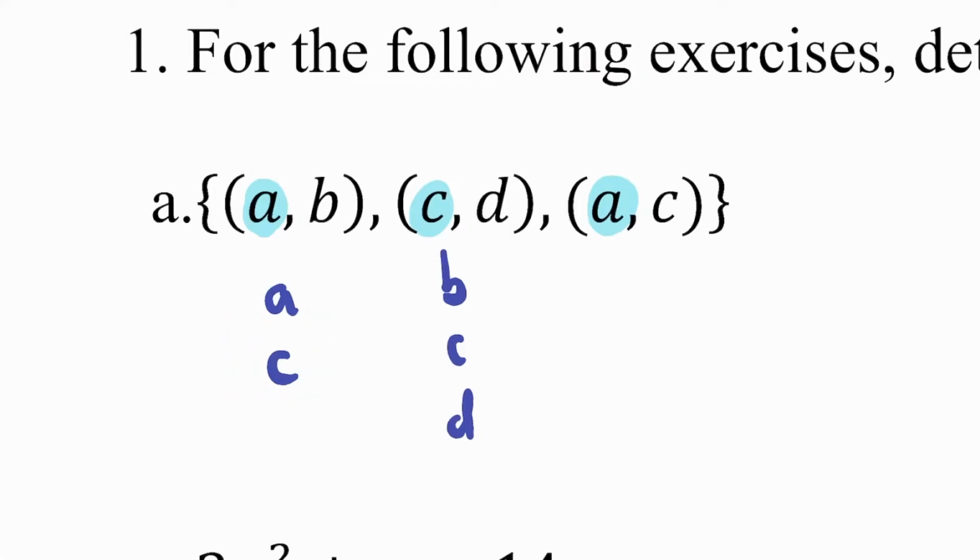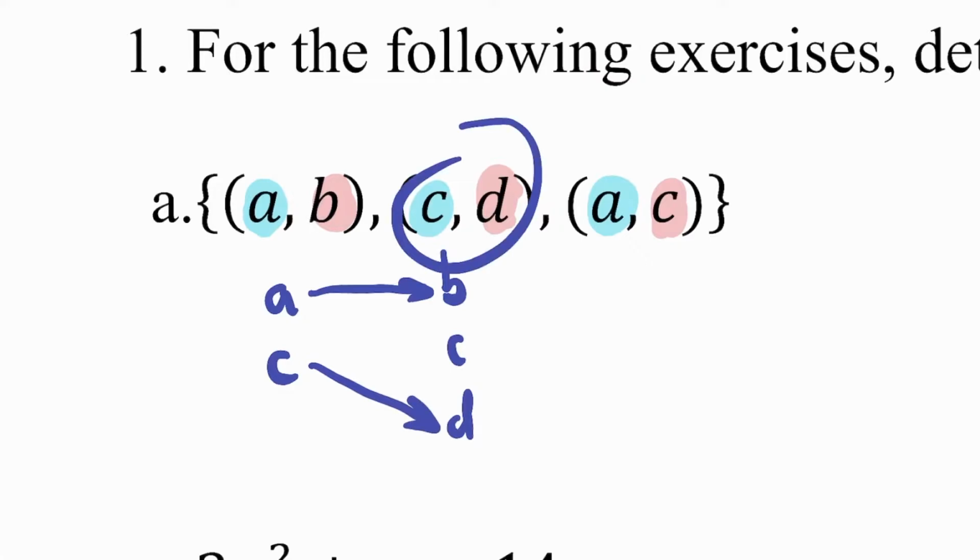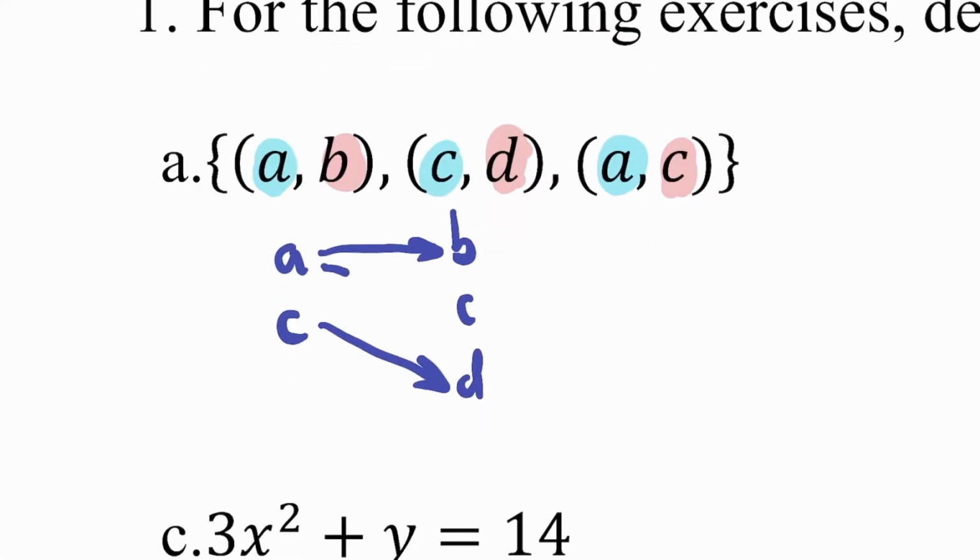And then I'm listing the three outputs. If I connect these with arrows, then A gets connected with B in the first connection, C gets connected to D in the second connection, and then A gets connected to C in the third connection. And the problem with that is that A as an input has two different outputs, and that's not allowed. So this is not a function.